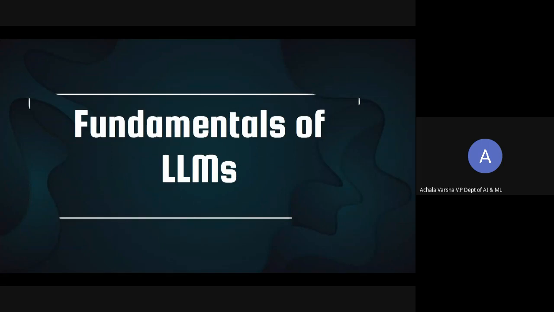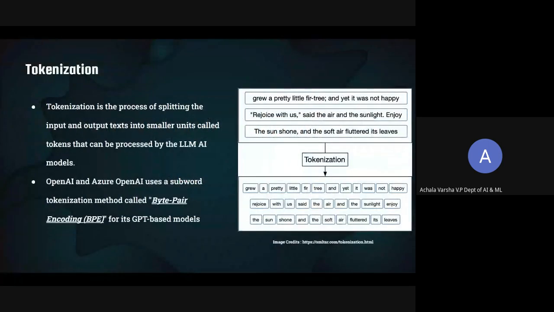Having talked about GPT 3.5 and its capabilities, it is now essential to delve into the core components that underpin the functionality of large language models. One of the fundamental building blocks is tokenization. Tokenization in large language models is the process of breaking down a continuous stream of text into smaller units, known as tokens.